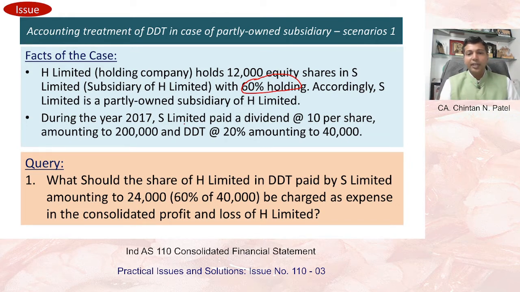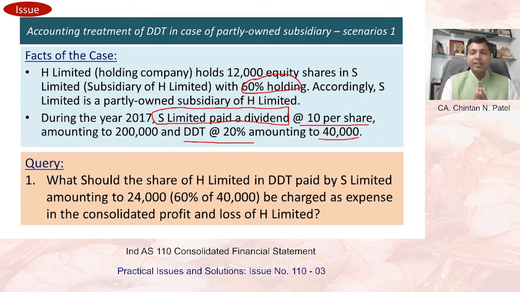Now, the question is that S Limited paid a dividend at 10 rupees per share, amounting to rupees 2 lakh, and dividend distribution tax of 20% amounting to rupees 40,000.